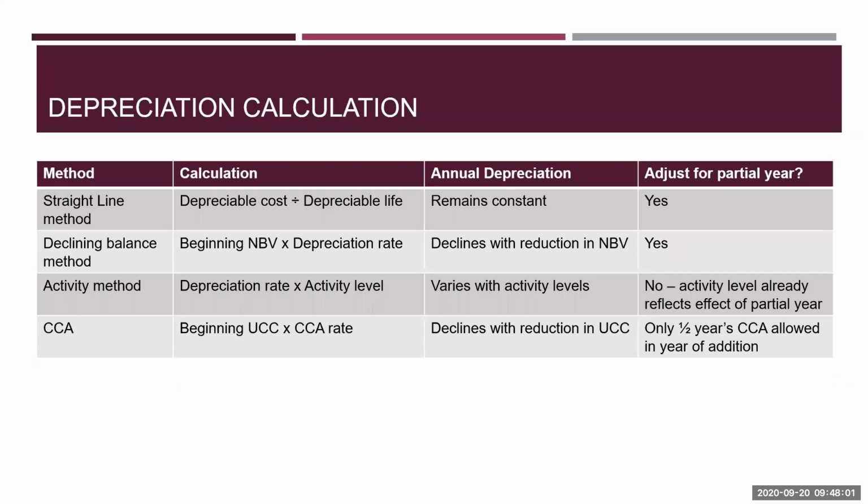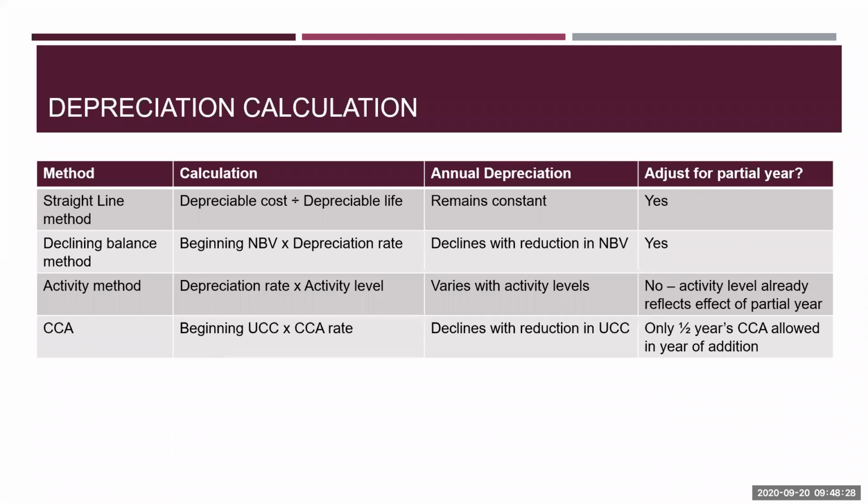If it's the double rate, go 1 divided by the useful life in years, multiply that rate by 2, or whatever the factor is. Okay, so beginning net book value times the depreciation rate will give you your depreciation calculation. The annual depreciation will decline because the net book value is going to decline over time. If we need to prorate that for partial years, then we will do that.